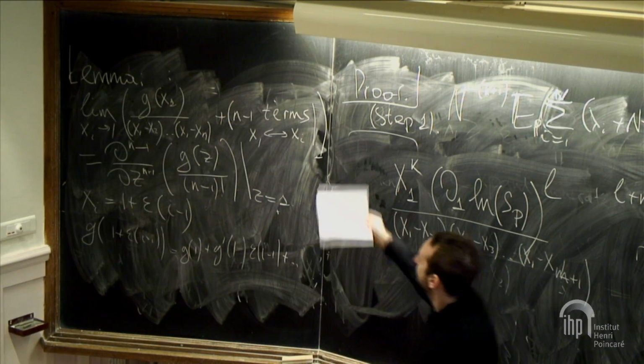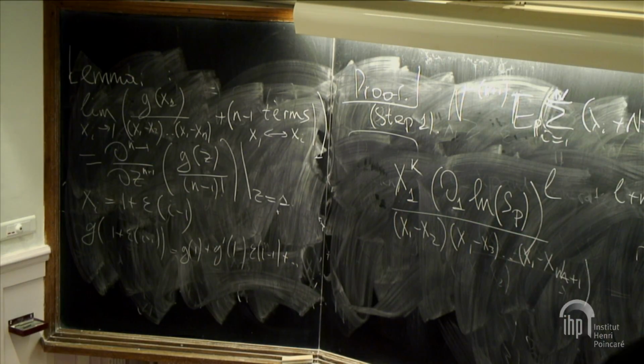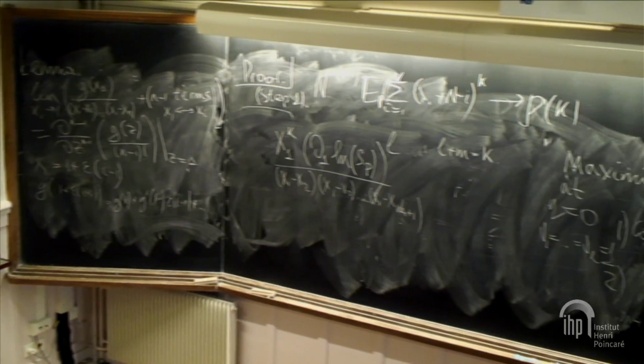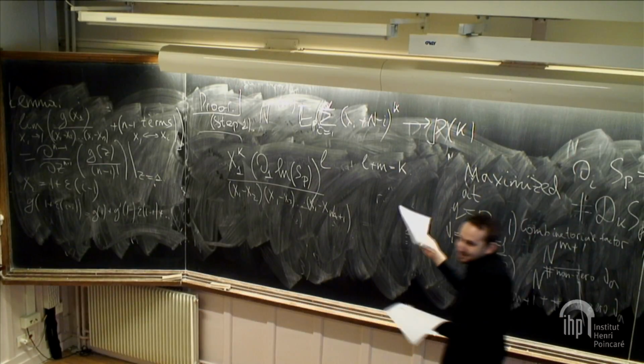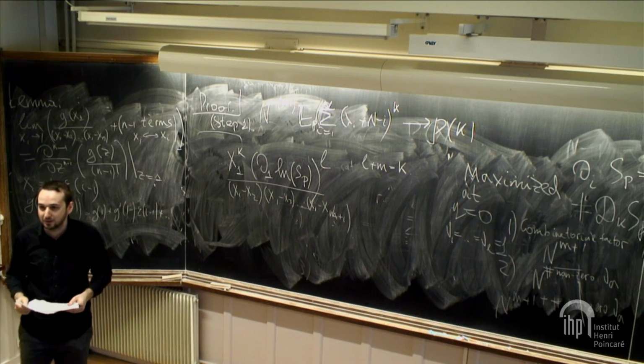Well, then you need to plug it into here. Then you need to collect all the terms, and you will get the result. Well, I don't want to torture you with that. That is just some combinatorial coefficients and some summations of combinatorial coefficients.